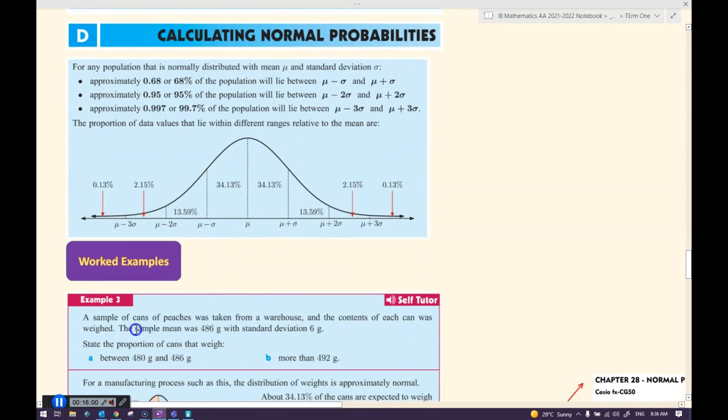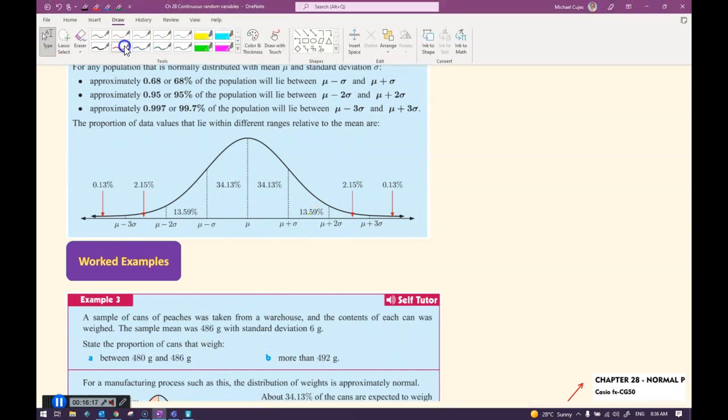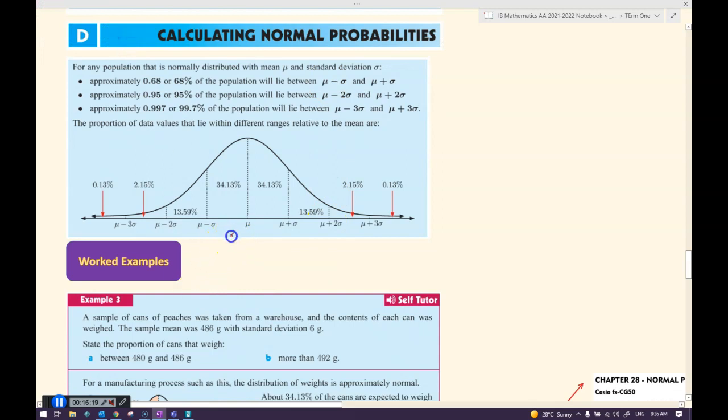In an example, a sample of cans of peaches was taken from a warehouse and the contents of each can was weighed. The sample mean was 486 with a standard deviation of 6. State the proportion of cans that weigh between 480 and 486. So, we've got a situation here. Again, I'm drawing with my mouse, so we'll see how we go. 480 is the mean.